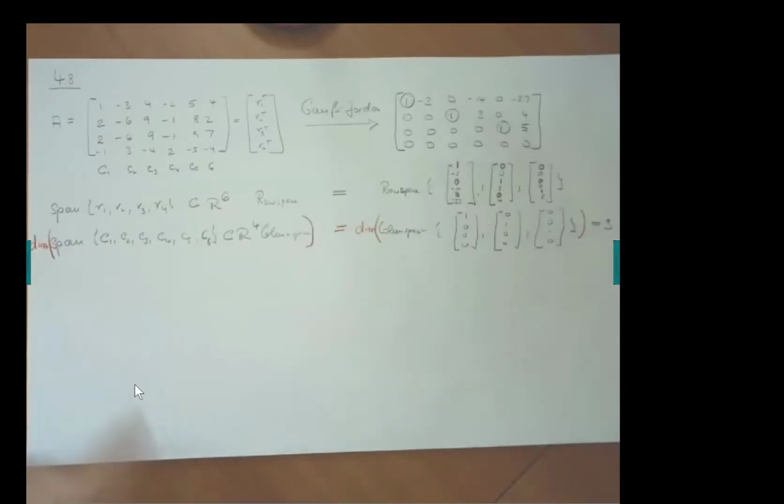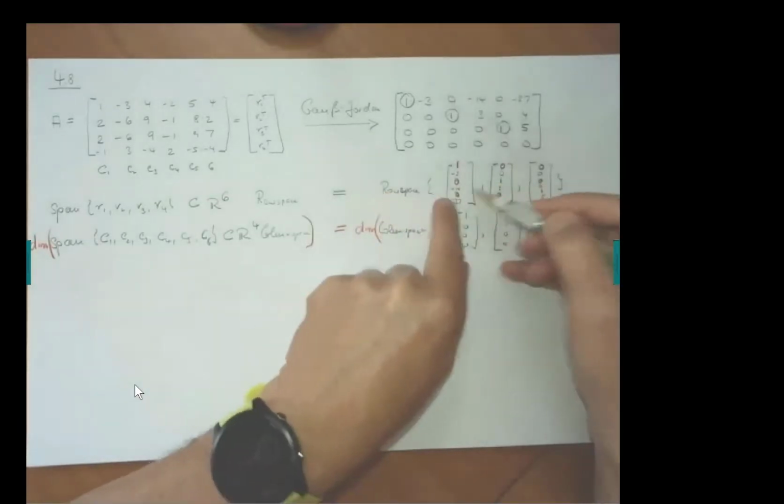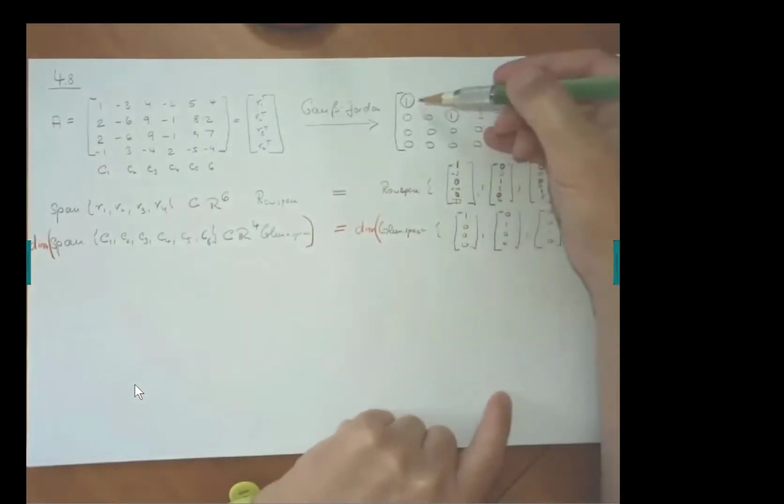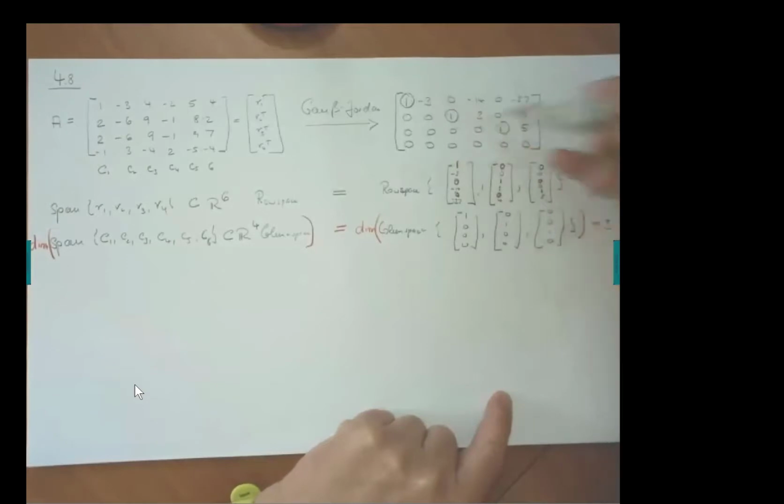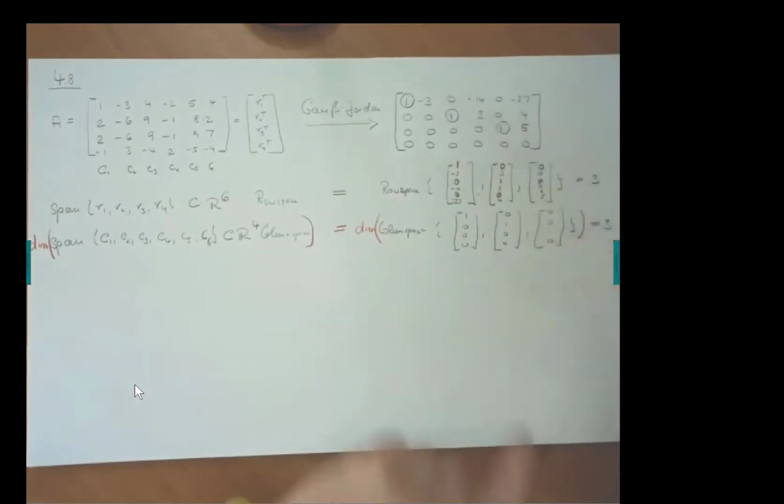Okay, and that's now really great. And also here, keep in mind the row space, because it always depends on the number of leading ones. This dimension is also 3.